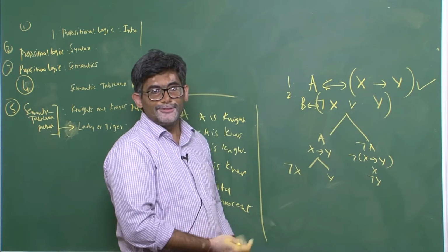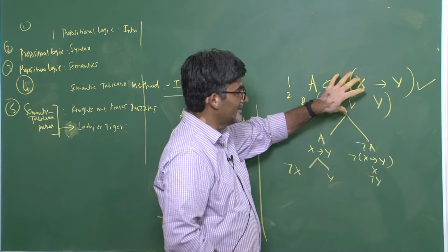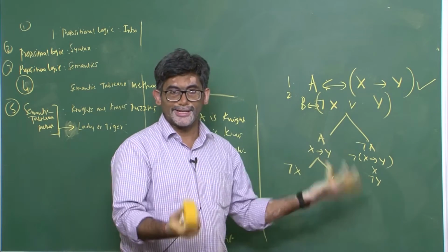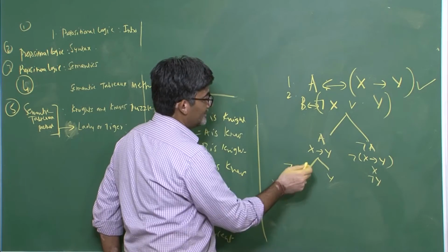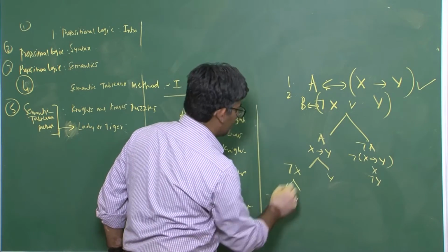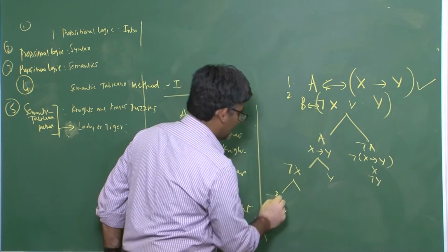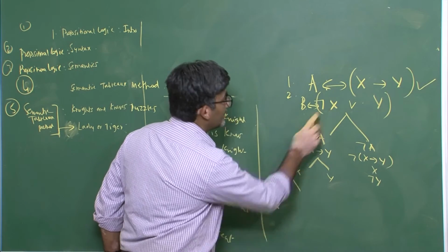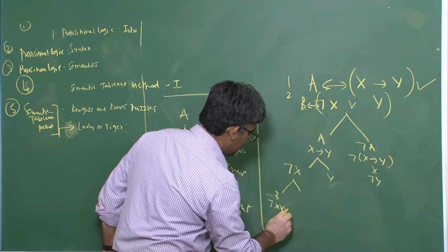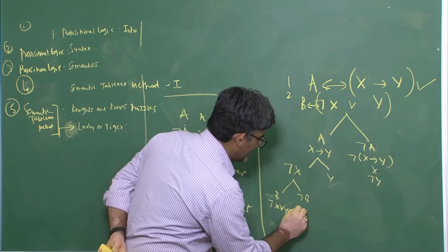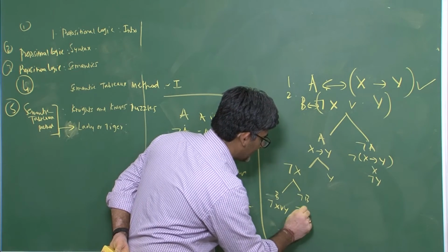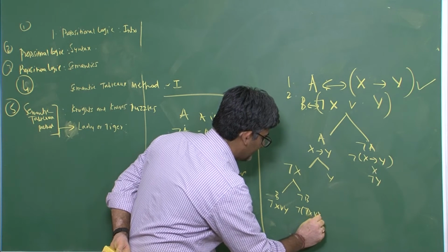Ultimately we are trying to see under what conditions these two statements are consistent or satisfiable, that is, when both are true. So we have either B and not X or Y, and the other one is not B and not of not X or Y.